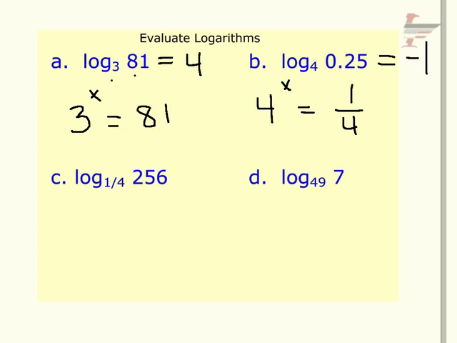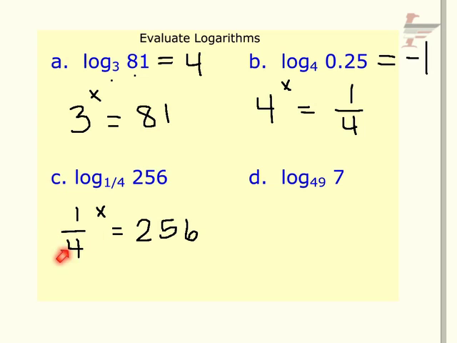So C says log base 1/4 of 256. So that would be 1/4 to the what power equals 256. Well, 4 to the 4th power is 256, but the base is 1/4 and not 4.